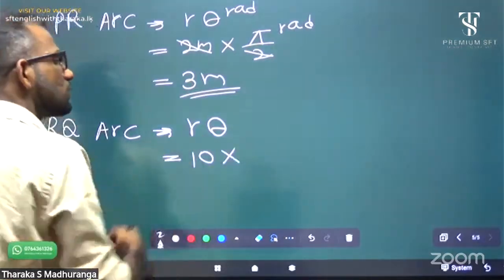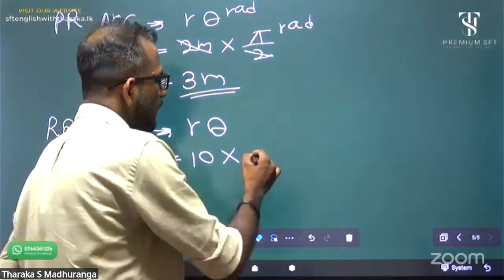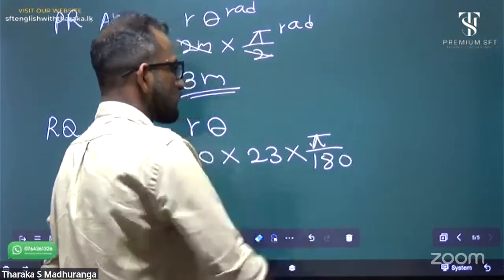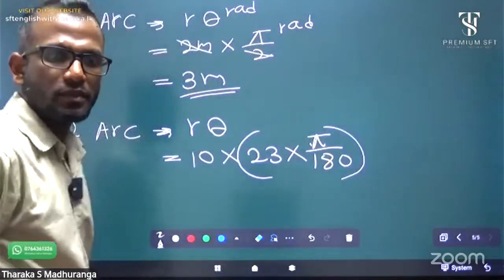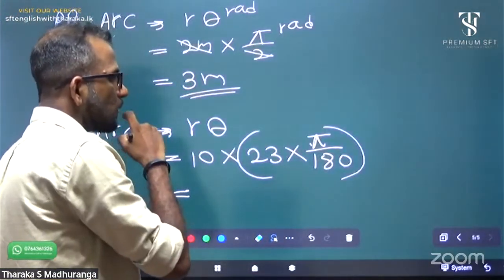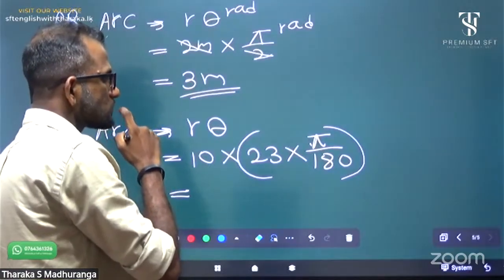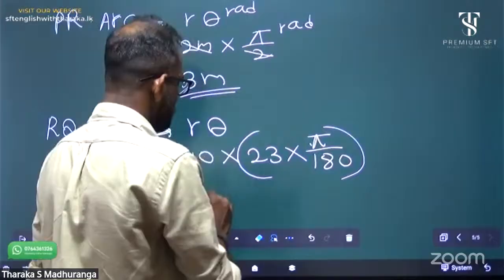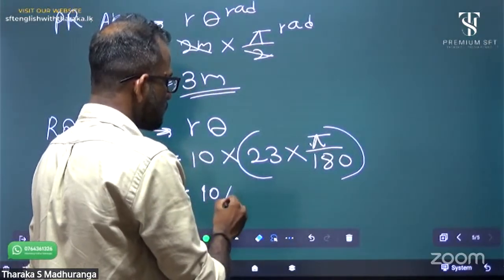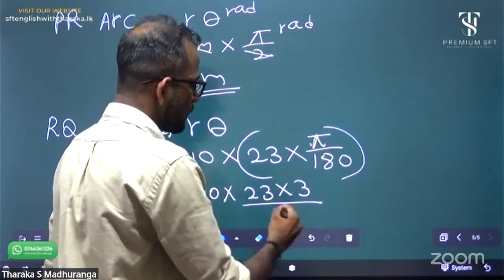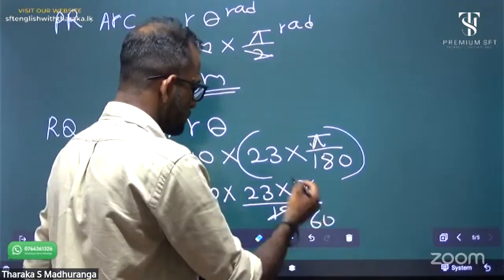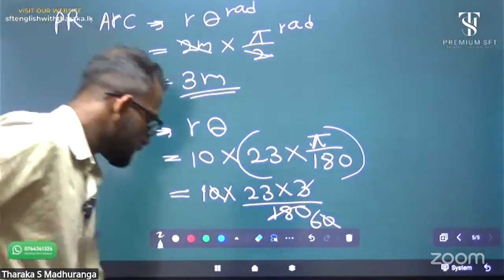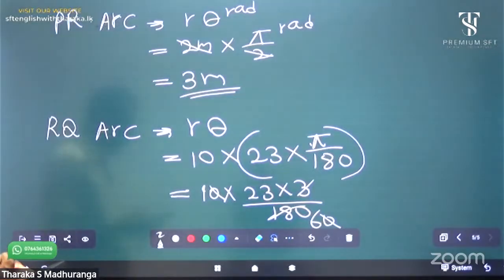Radius 10 times the angle 23 times pi over 180, because we convert to radian. Pi equals 3, so 10 times 23 times 3 over 180, which is 360 over... zeros cancel. Now it is 23 over 6.